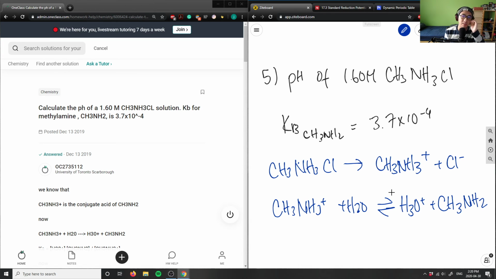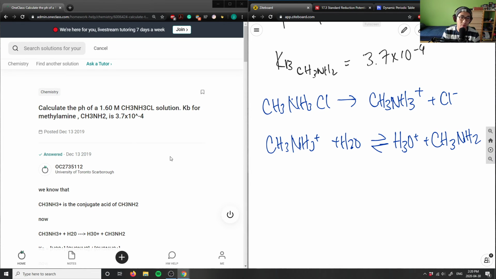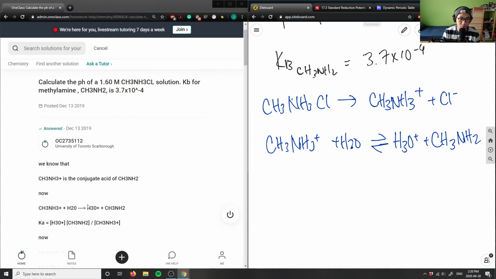So this here is my equilibrium reaction, and then the Kb for CH3NH2 would be 3.7 times 10 to the negative 4. So they actually wrote the exact same thing here, which is great.